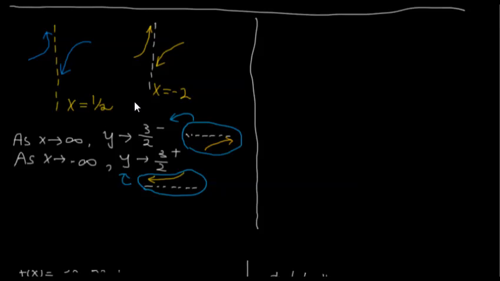So here's a collection. This is the behavior around x equals 1/2. We continue here. This is the behavior at x equals negative 1/2. It's kind of the same thing. And to the right, we have this horizontal asymptote behavior, and to the left, this is the behavior. So we're going to try to put this all together by first sketching these two vertical asymptotes and the horizontal asymptote.